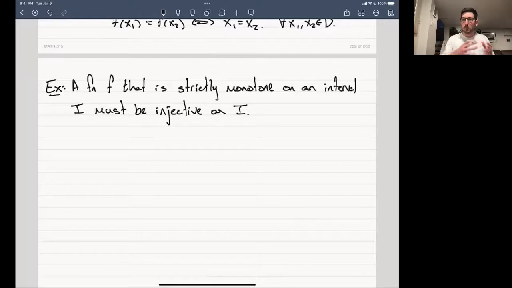That means that you can never repeat the same value in the range as you sweep over the interval I. And since you can never repeat the same value in the range, that means that you must have an injective function.